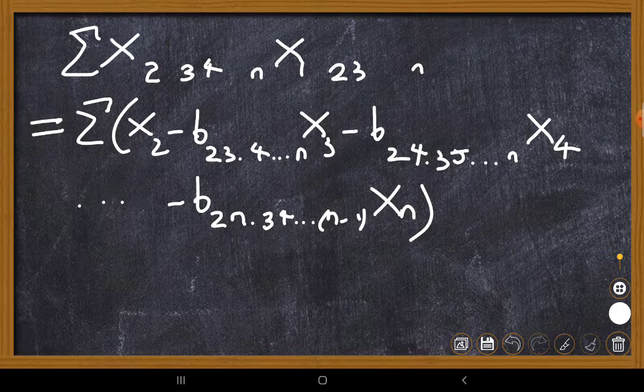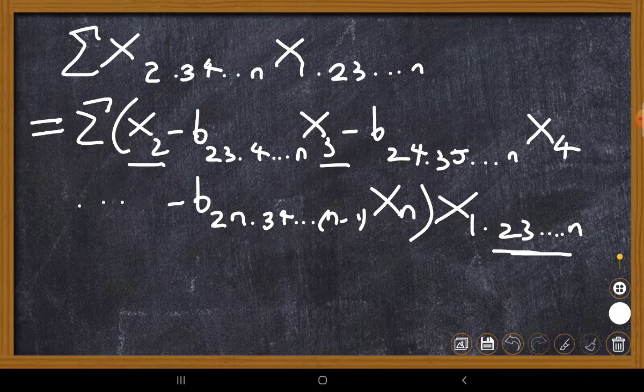And then here you multiply by x1.23 up to n. If you distribute this x1.23 up to n inside, you will see that if you multiply with the first term, this 2 lies here in the secondary subscript. This 3 also lies here in the secondary subscript.